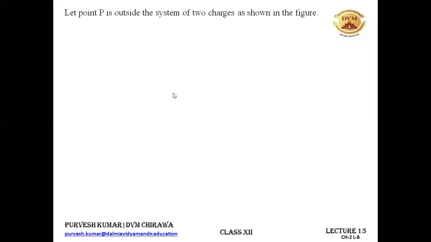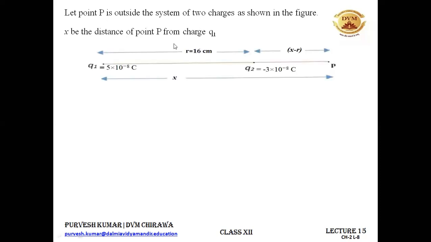Now let this point P be outside the system of two charges as shown in the figure. You can see this is my figure, and in this figure q1 and q2 are separated by a distance r, and r is equal to 16 centimeter. This point P is at a distance x from my charge q1, and it is lying outside the system.